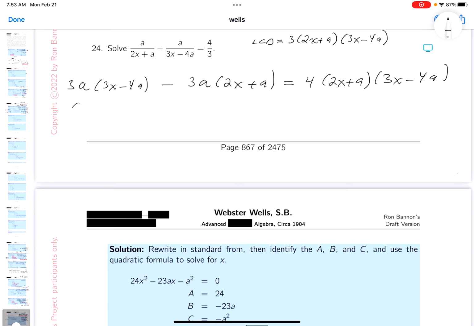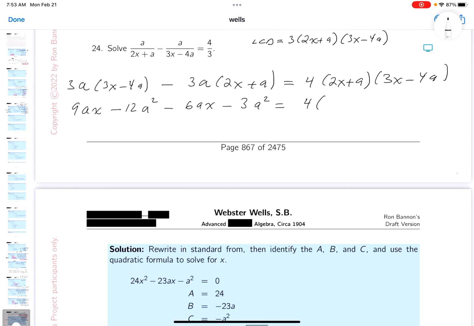What do you get? 9ax minus 12a squared minus 6ax minus 3a squared. Well, let's do this side over here. 4.